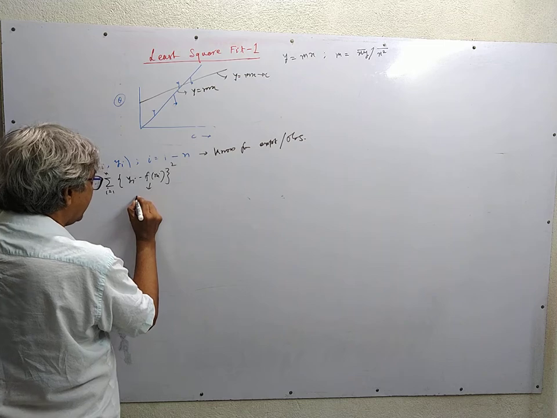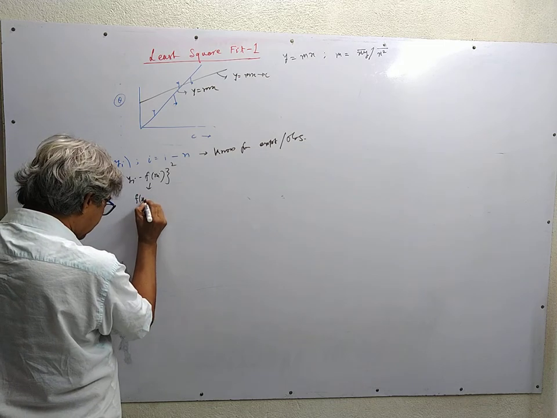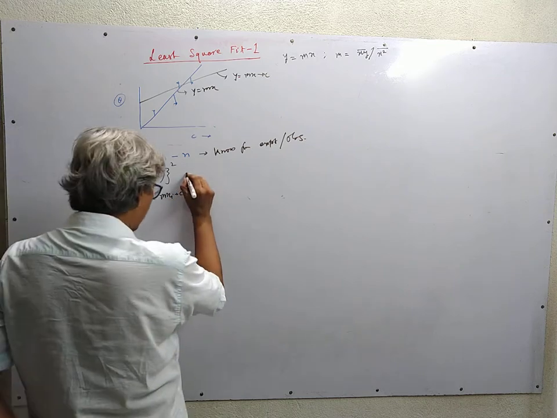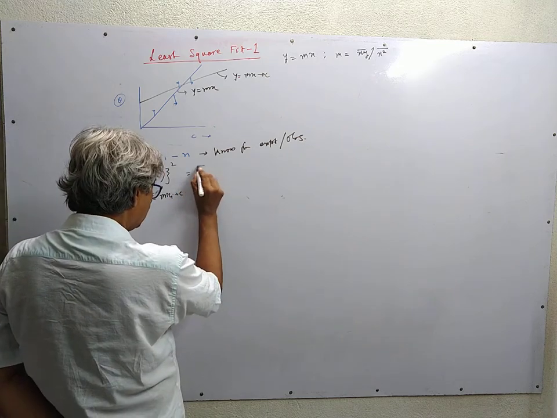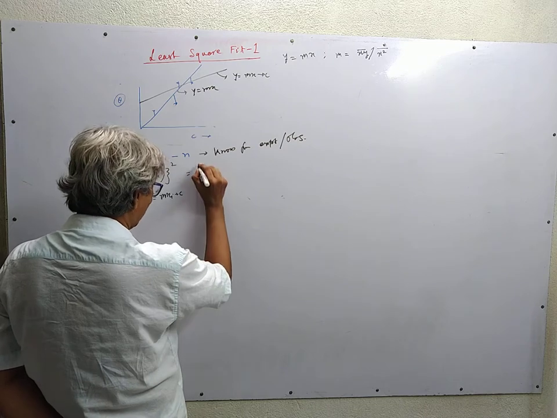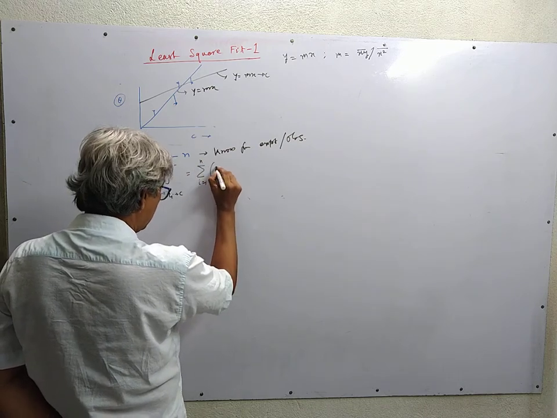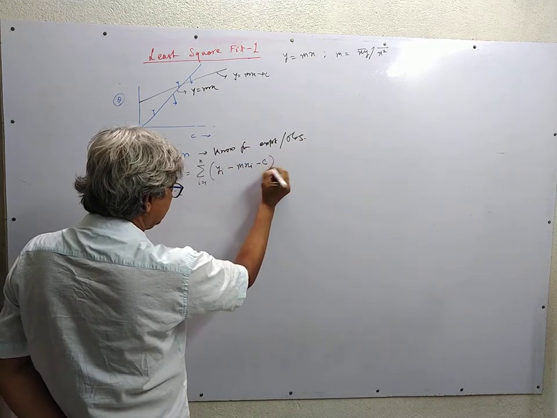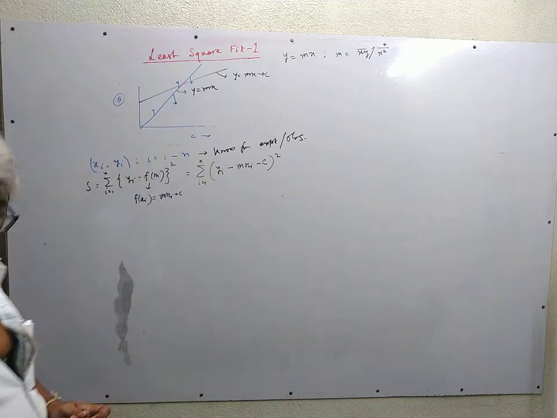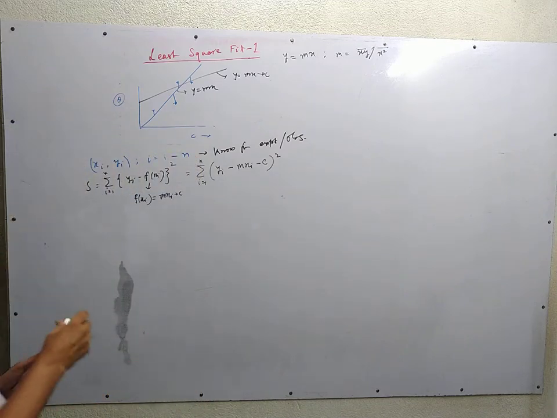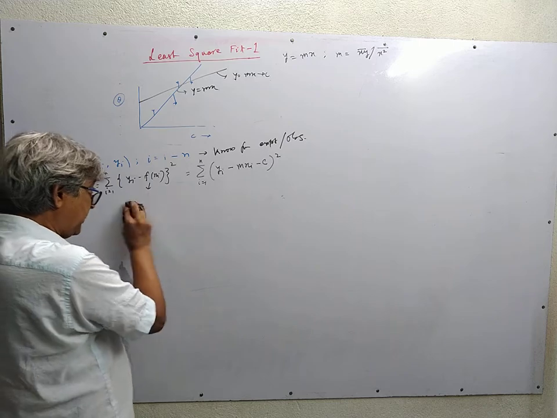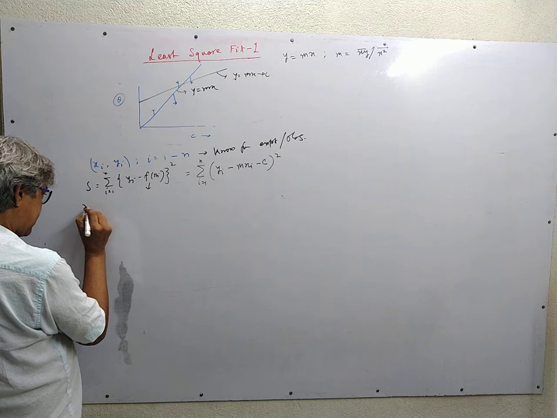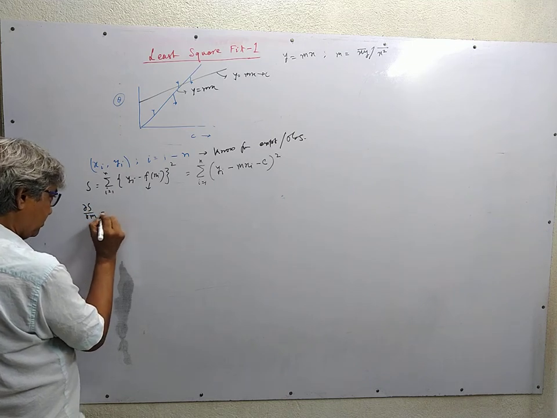Now in this case f of xi is equal to mxi plus c, so we write it as summation over i is equal to 1 to n, yi minus mxi minus c whole square. Now the condition is that for s to be minimum, m and c must be such that del s by del m is equal to 0.